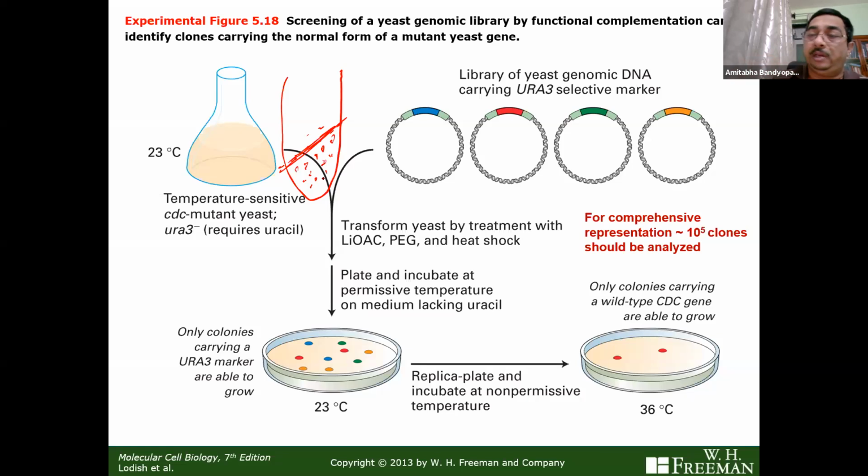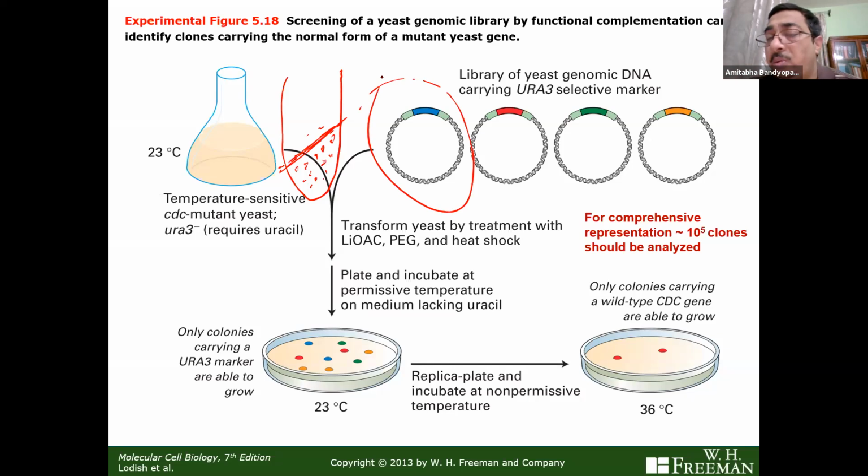Within this collection, you have every gene of yeast cloned in a plasmid like this. It is cloned in a manner that if you introduce it inside the yeast cell, the gene will be transcribed and translated.